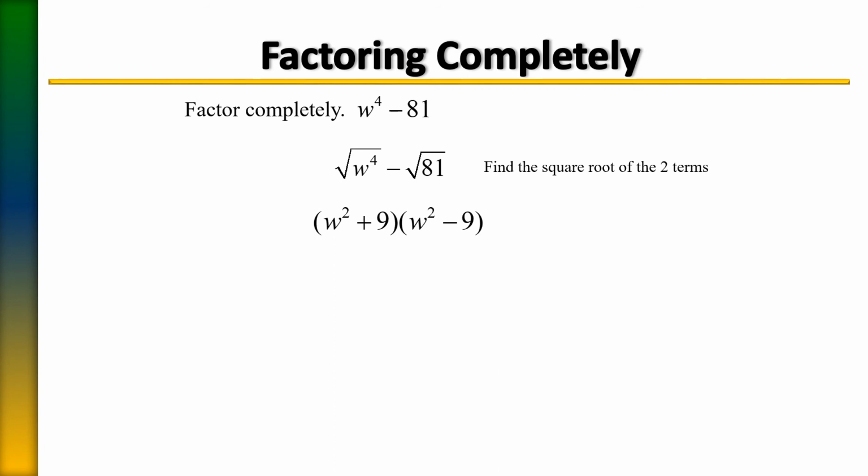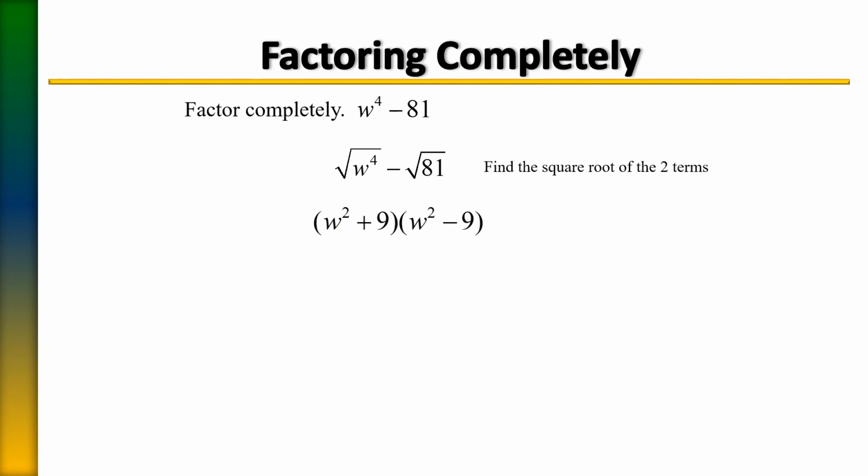And the reason I'm not done is because I need to look at these two binomials to see if they can be factored further. So if we take a look at the first one, this is what we call a sum of squares, which I covered earlier in this video. We have two perfect square roots because w squared is a square root.